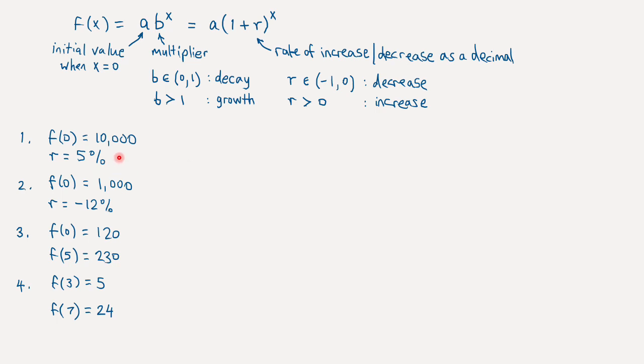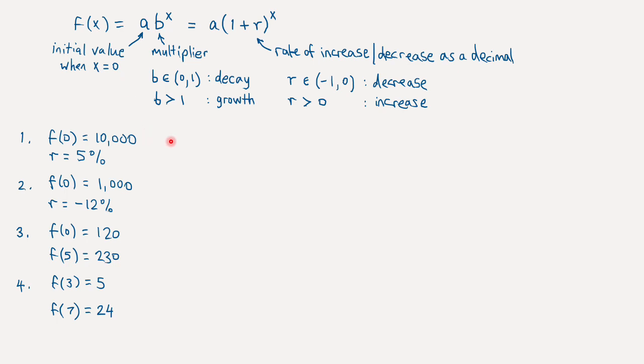So let's start with an example representing sales, for example. So the sales starts at time 0 at 10,000 units and increases by 5% every time period, where x represents the time periods.